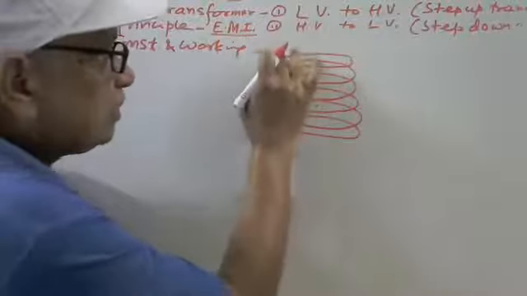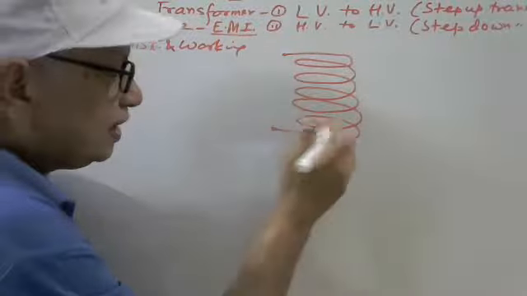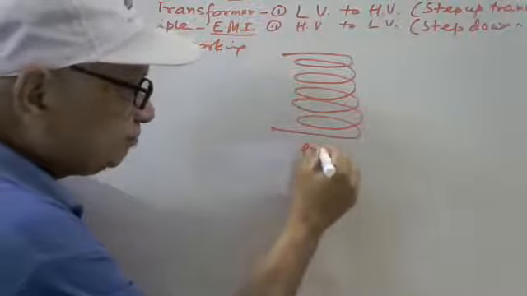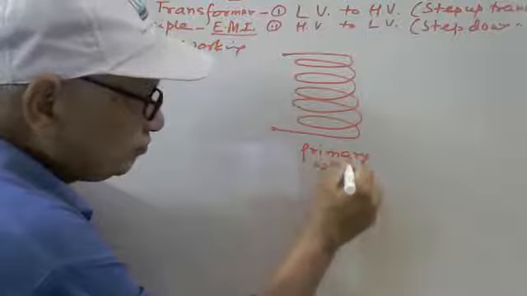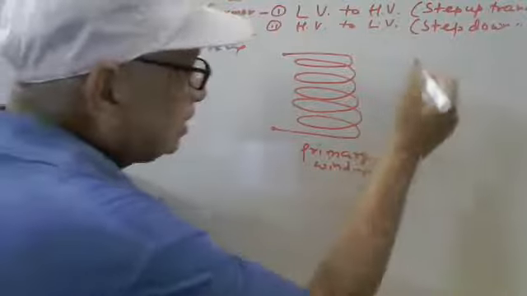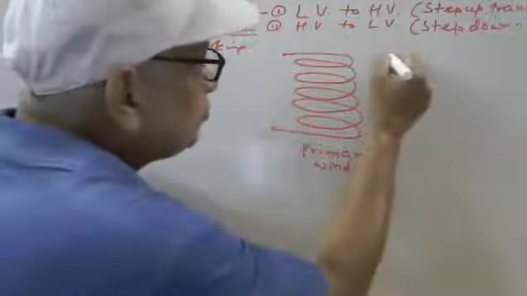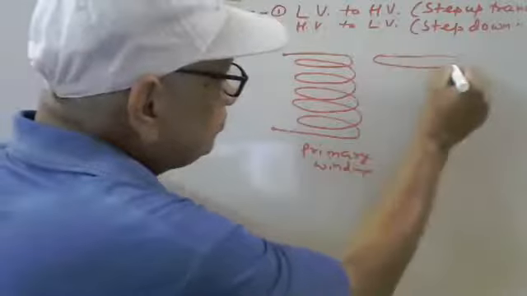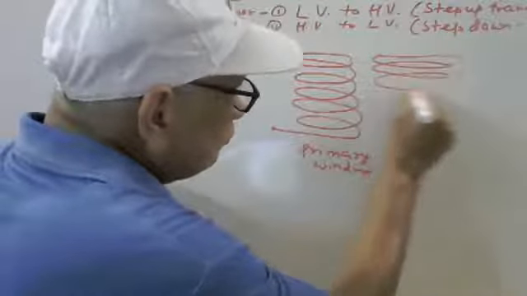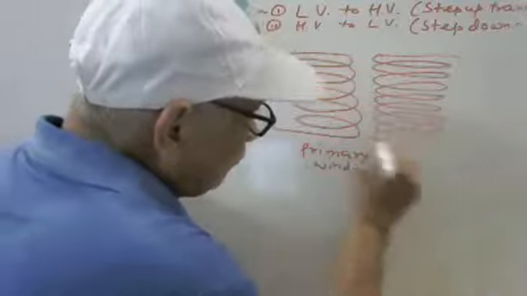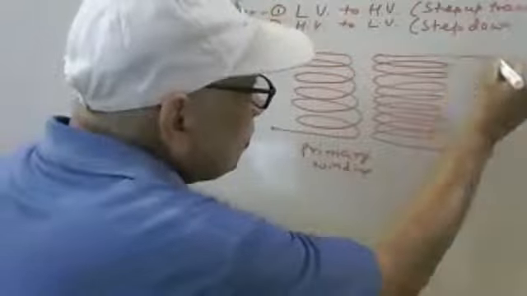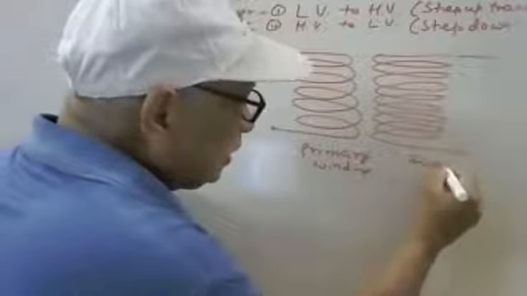This is the first winding, called primary winding. And the secondary winding is like this. This is called the secondary winding.